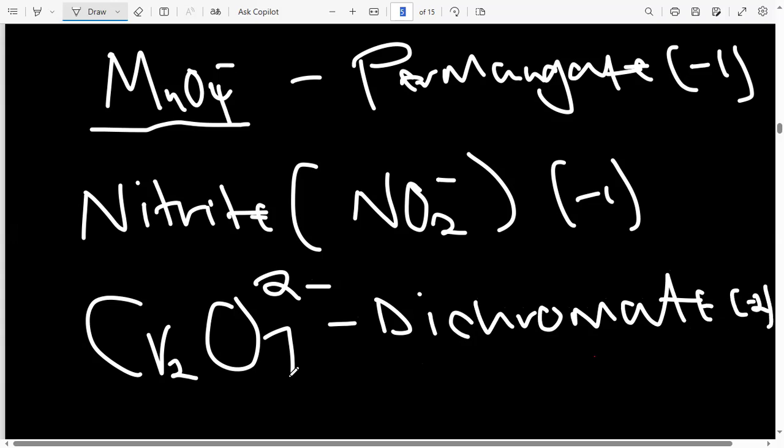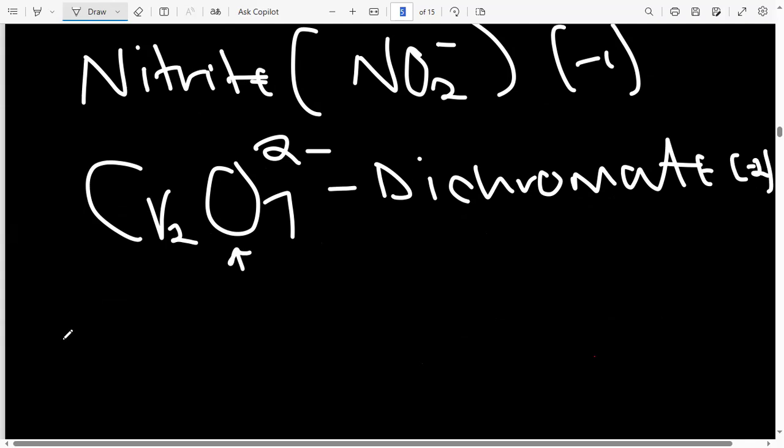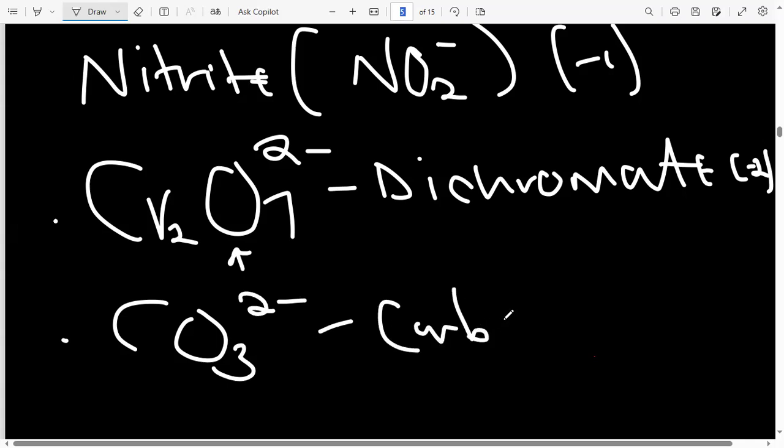It's a very common radical that you're going to come across in your chemistry. And then the other one, the carbonate. I'm sure you've seen it. This is the carbonate, and it has a charge of 2 minus.